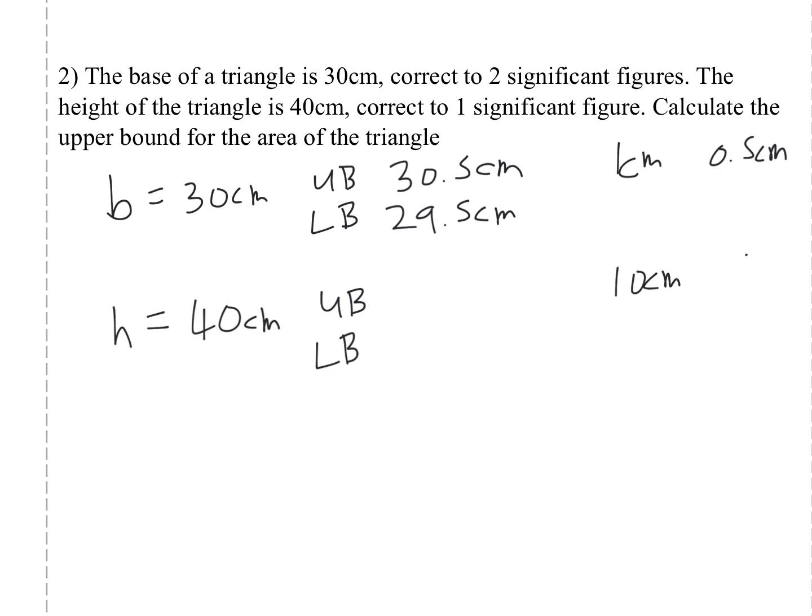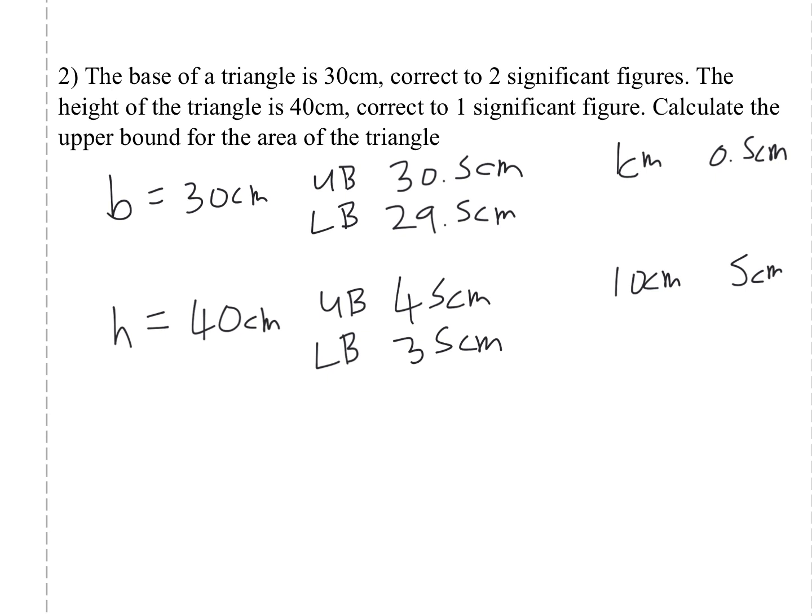Half of that measurement is 5 centimetres. So to get the bounds, we go 5 above and below. That'll be 45 centimetres and 35 centimetres. So any number rounded to one significant figure between 35 and 45 would round to 40.